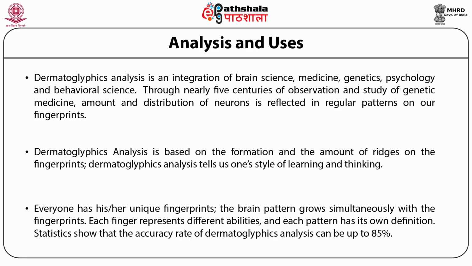Statistics show that the accuracy rate of dermatoglyphics analysis can be up to 85%. By analyzing dermatoglyphics, we can accurately understand the distribution and amount of cells in the left and right brain and predict where the potential lies.